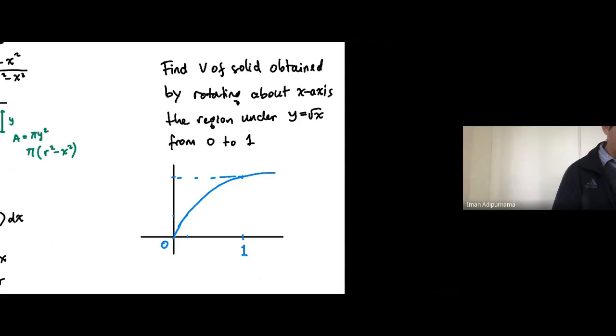So this is until here. And we need to rotate the curve about the x-axis. So rotating here.